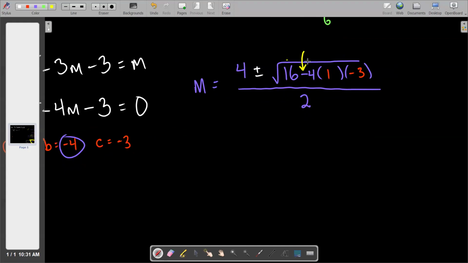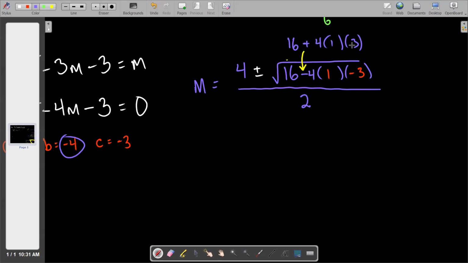So in reality, you shouldn't use your calculator for math like this. A 5th grader shouldn't use a calculator for math like this. But if you do, all you're really thinking of is 16 plus 4 times 1 times 3. Got it? The minus and the negative aren't there anymore because they work together to form a plus sign.